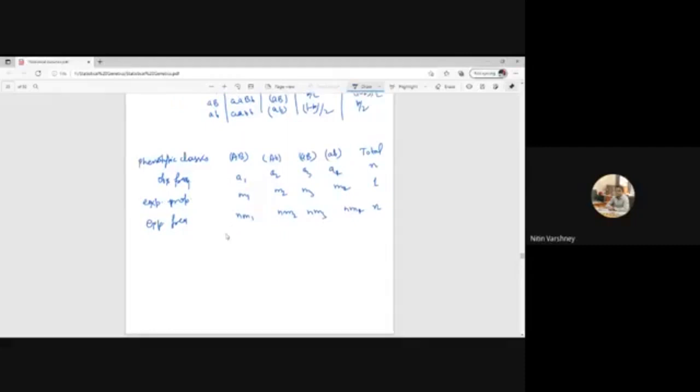Now in this case the likelihood will be n factorial upon a1 factorial, a2 factorial, a3 factorial, a4 factorial, times m1 to the power a1, m2 to the power a2, m3 to the power a3, m4 to the power a4.